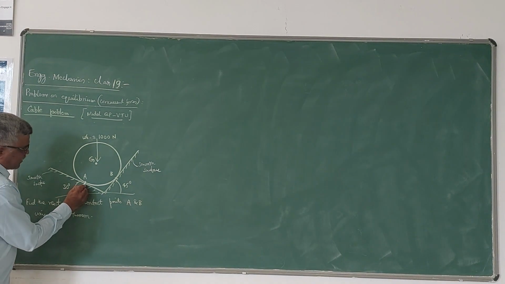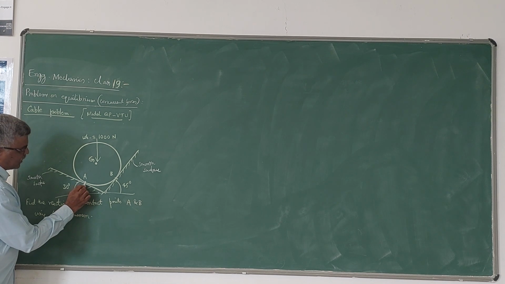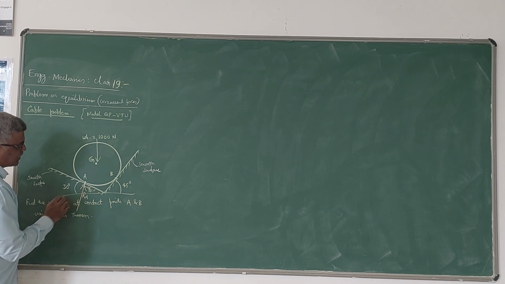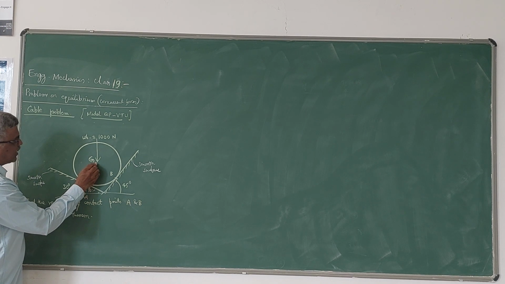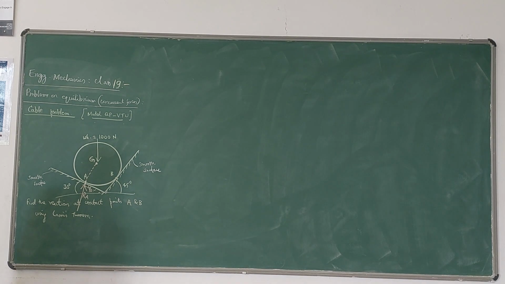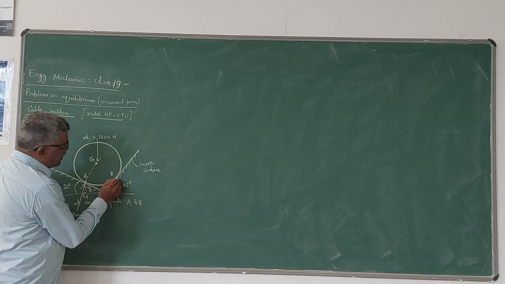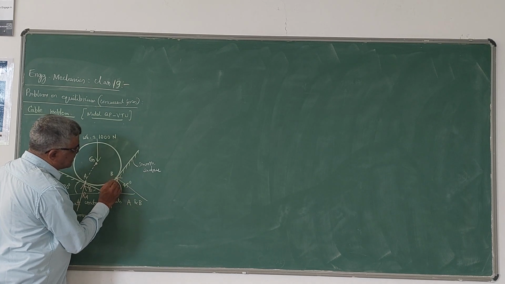That means it will be something like this. This is the reaction at A. This is very important, it makes an angle of 90 degrees. And if you produce the line of action of this reaction, it touches the center of gravity of this sphere. Similarly, the reaction at B will be normal to this contact surface like this.